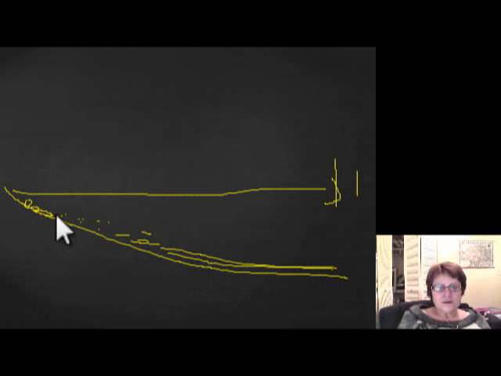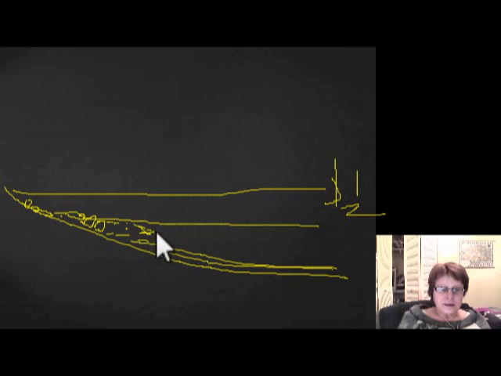Now sea level is going down, so this is sea level 2. And now we got the pebbles here, the sand here, the silt, and the clay.